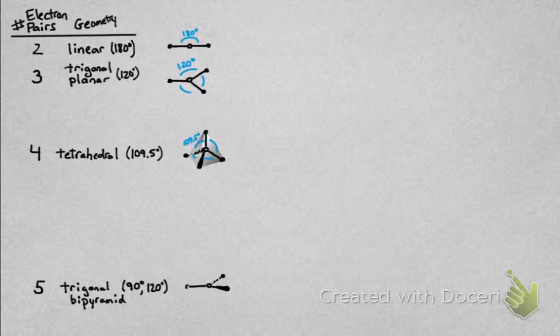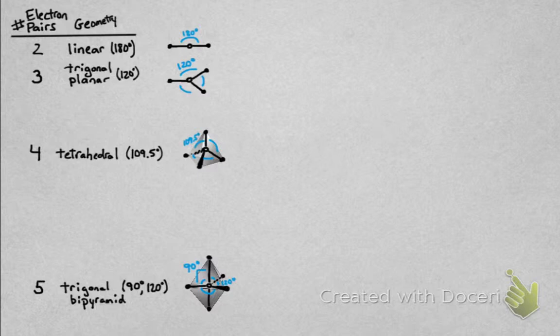Trigonal bipyramid is achieved when we have 5 electron pairs around the central atom. That looks like this. There are 2 types of bond angles in this structure: 90 degrees between the electron pairs in the axial position and the electron pairs in the trigonal middle, or base, part of this bipyramid, and then 120 degrees between the electron pairs within that trigonal plane.